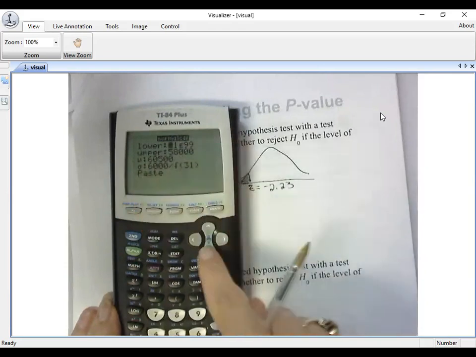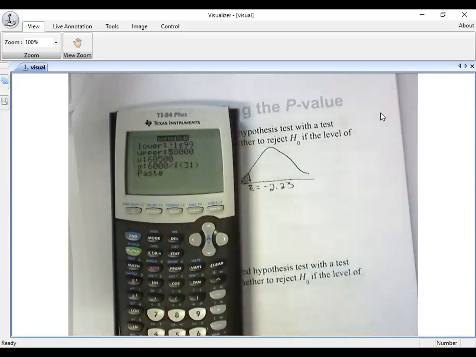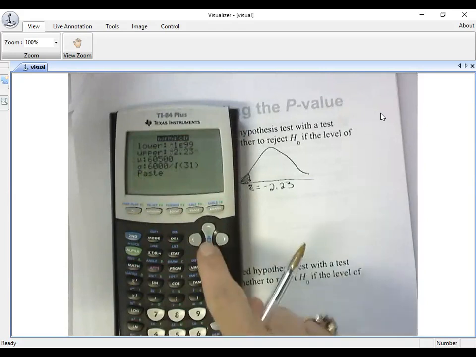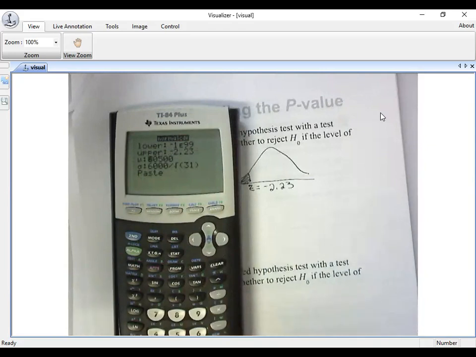I'm going to leave that lower value like it is because I'm way out in the left tail. What would I put in for the upper value? Negative 2.23. My mean is what? If it's a Z-score, the mean is 0 and the standard deviation is 1.